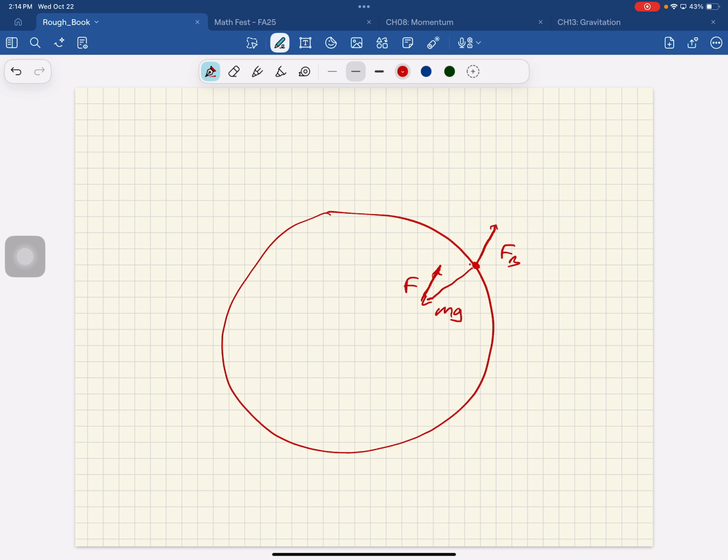So these two forces combine to give you that centripetal force. This is mind-blowing. The plumb bob is pulling you in that direction. It's not pulling you vertically up. If it pulled you vertically up, these two forces wouldn't combine to give you that centripetal force.